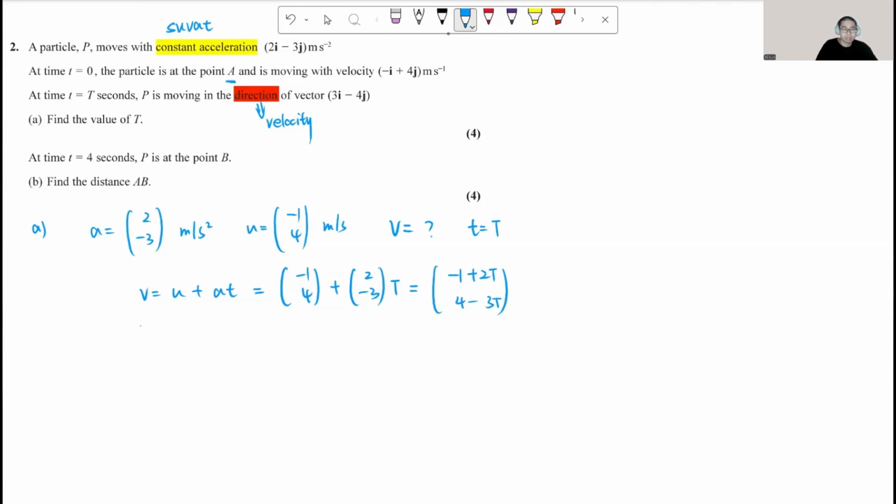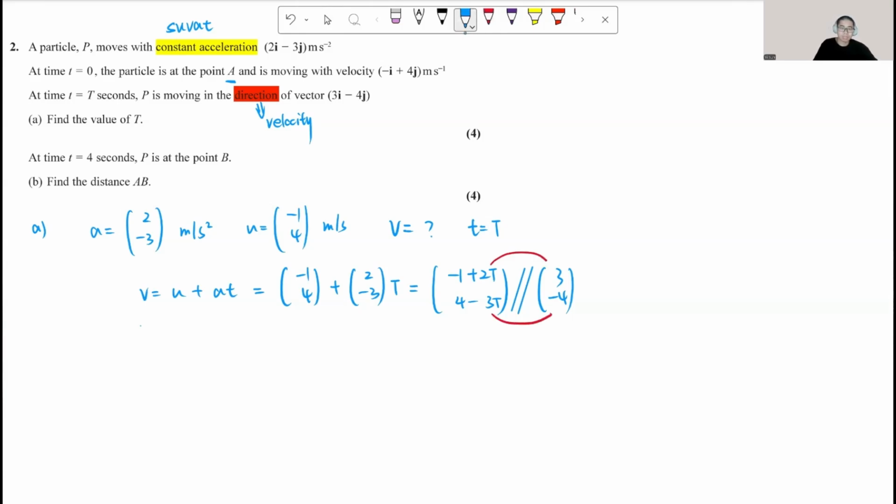Because it's in the direction of vector 3i minus 4j, this vector has to be parallel to 3 and then -4. If two vectors are parallel to each other, they have a scale factor between them, and that scale factor has to be the same for both the i component and the j component.